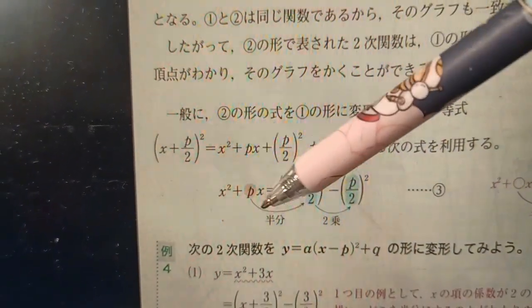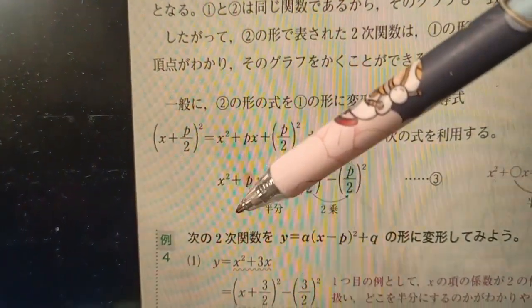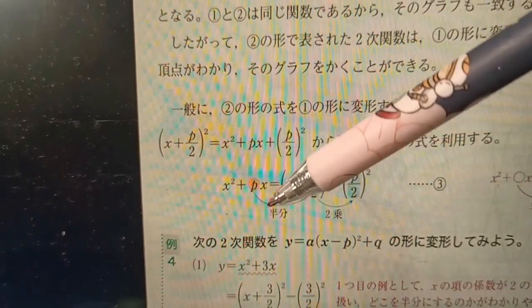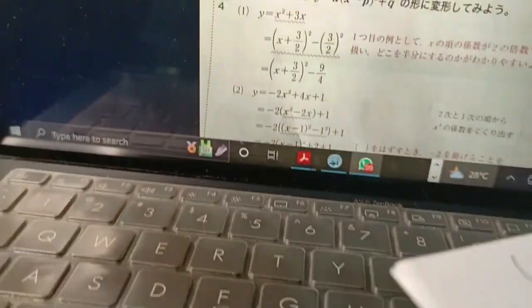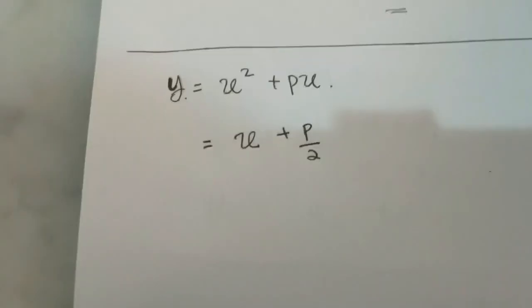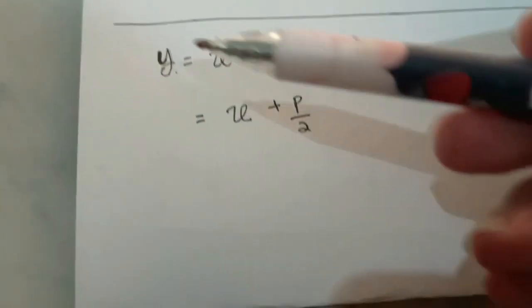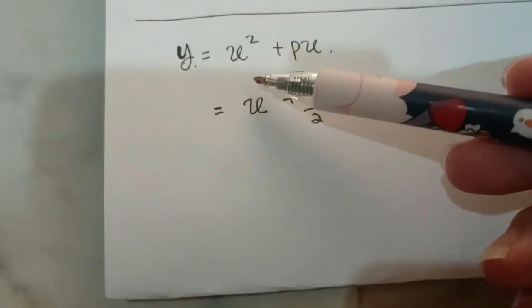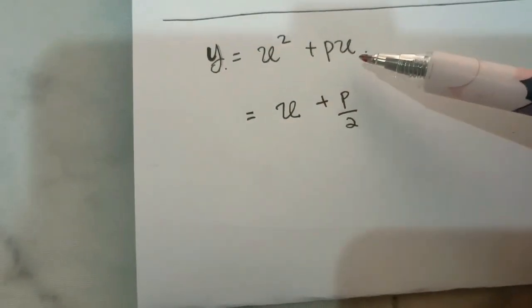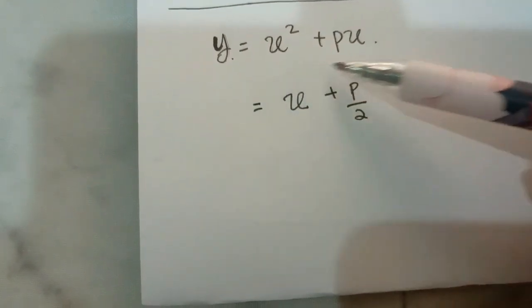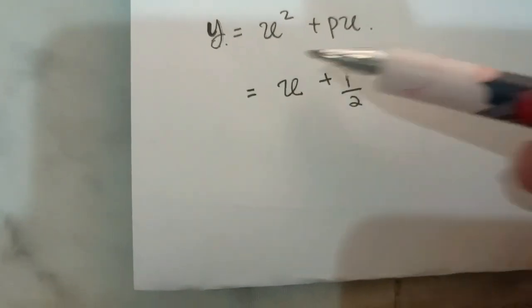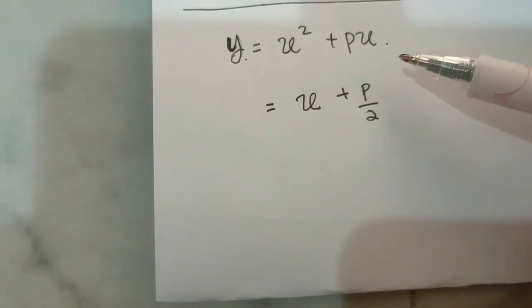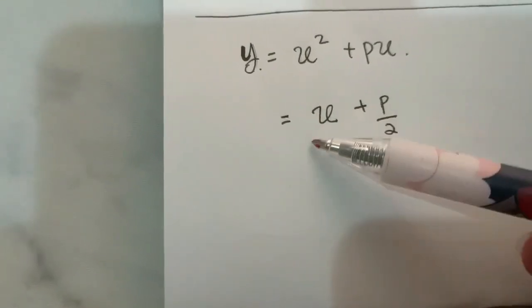You have this form, y is equal x quadrat plus px. So I'm writing down y is equal x quadrat plus px. How to change this form? This ipan kei into the hyojun kei. Okay, how to do it?